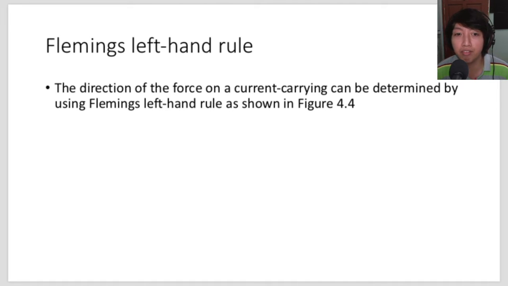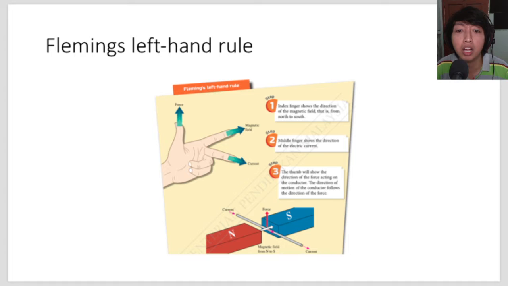So Fleming's left-hand rule. How do we determine the direction of the force? The direction of the force on a current-carrying conductor can be determined by using Fleming's left-hand rule, as shown in figure 4.4. Again, that's in your textbook. The picture is a little bit small.